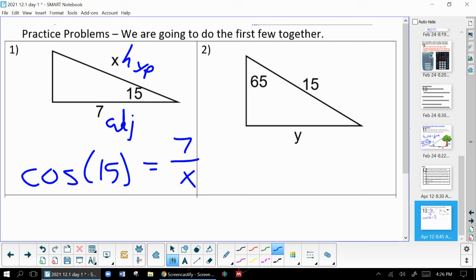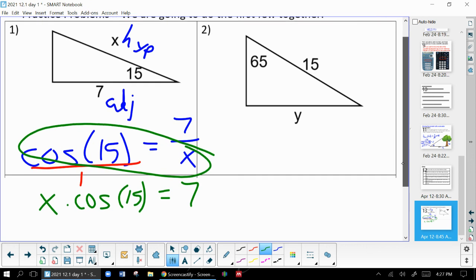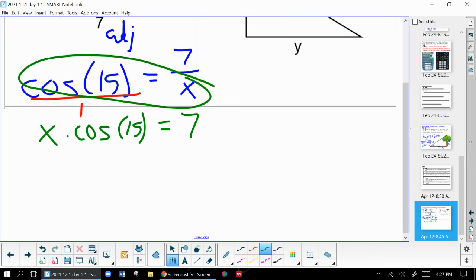Now this one looks a little bit weird. You've got that x in the denominator, and that's an equation that you haven't done a lot with before in algebra. So the way I like to handle this is I will think of this as a proportion. I write this cosine of 15 over 1, and then I can go through and just cross multiply. X times cosine of 15 is, well, x times cosine of 15. Can't do anything with that. 7 times 1 is 7. And now, if I want to get rid of this times cosine of 15, because I remember I just want to keep the x there, I can divide by cosine of 15 on both sides because it is just a number.